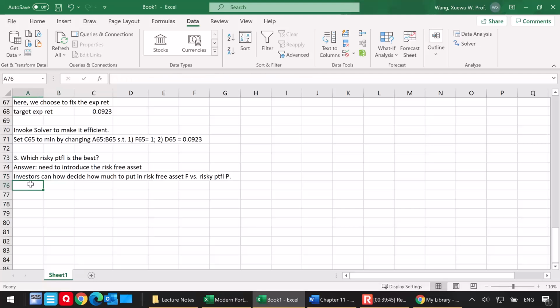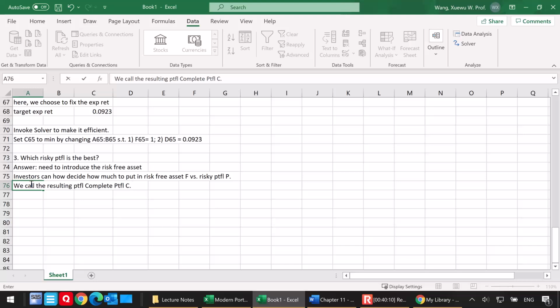We call the resulting portfolio the complete portfolio, C, because this portfolio is now complete in the sense that it has the risk-free asset in it. But I like to emphasize that the complete portfolio itself is still a risky portfolio.